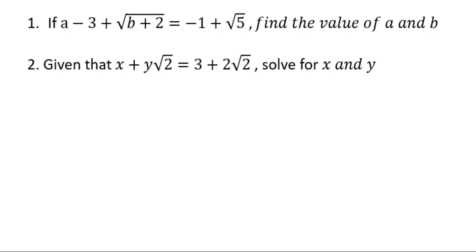Now let's take a look at an illustrative example. If a minus 3 plus the square root of b plus 2 is minus 1 plus the square root of 5, we have to find the value of what? a and b. Doing that, we have to identify the identical form first, or isolate the identical form.